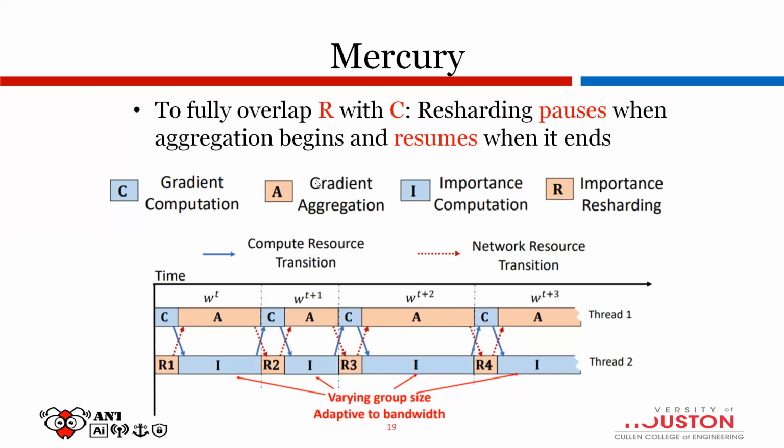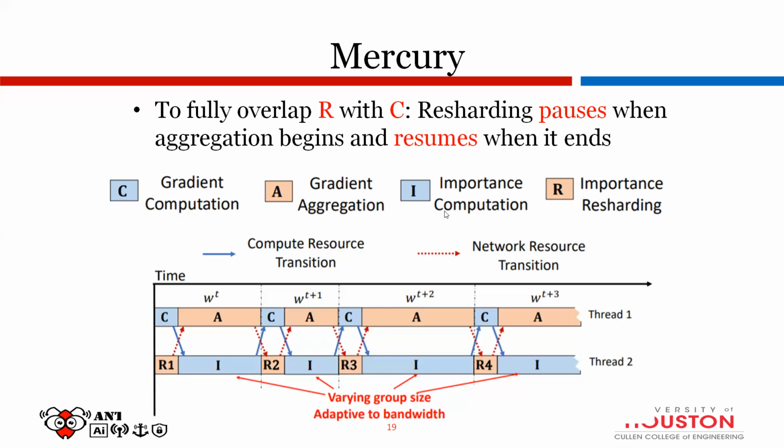And to fully overlap R with C, this is pretty much a requirement. So the restarting just pauses when the aggregation begins, and then it resumes when it ends. That's how they keep on track, and they overlap the entire process.